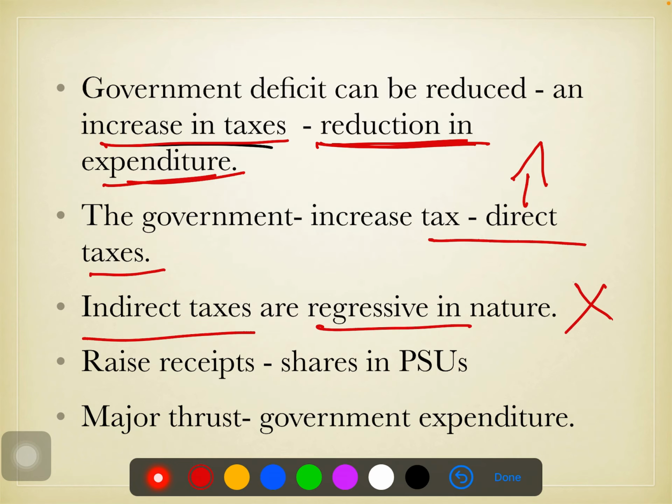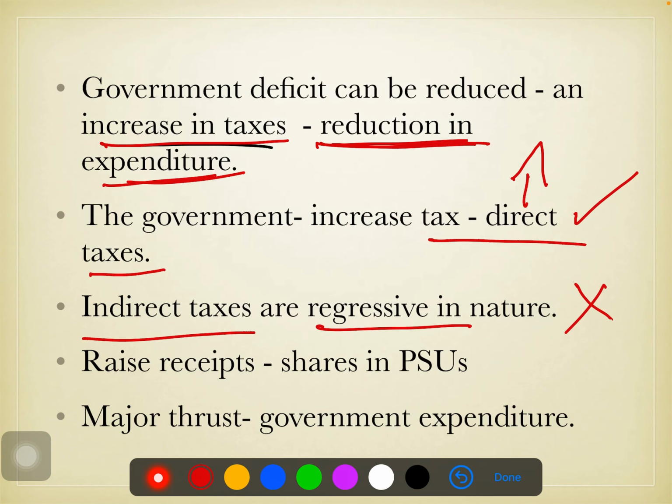When it comes to indirect taxes, any class of people can buy those goods and services, so the tax will be imposed equally on every class of people. So we don't think indirect tax is the best option. In this case, we're going to adopt changes in direct taxes instead of changing the indirect taxes.